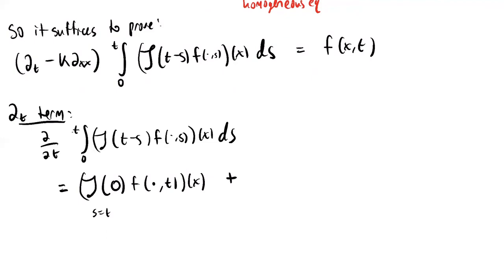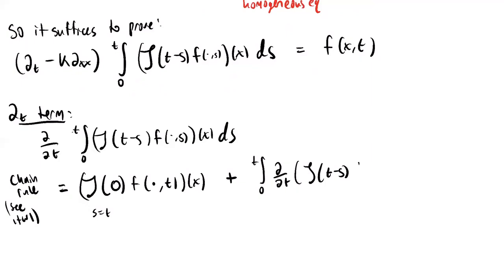And then I get a second term. So this is just using the chain rule, or like, for example, see homework 1. You did a lot of calculations like this on your first homework. Plus the other term, which comes from differentiating inside the integral. So this is the integral from 0 to t of the derivative with respect to time of the solution operator at time t minus s applied to f.